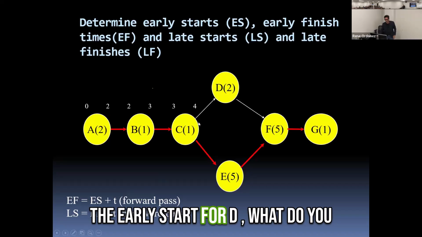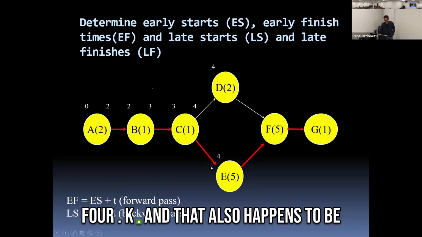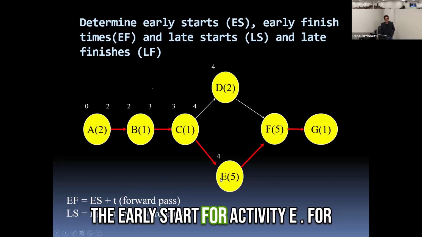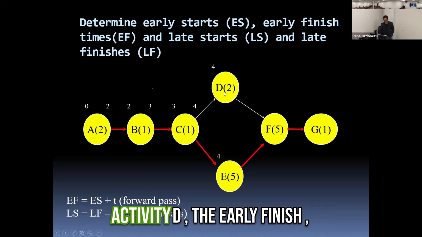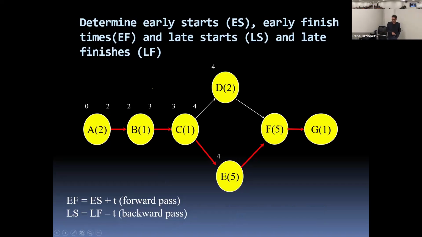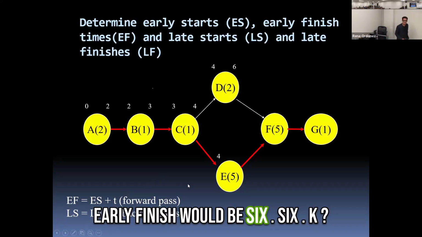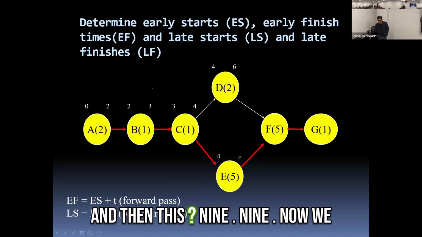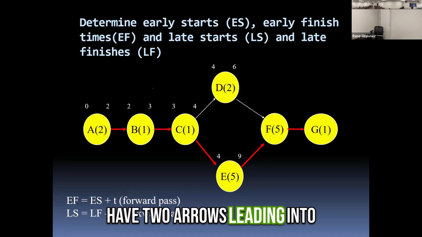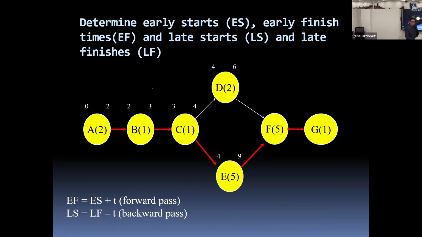The early start for D, what do you think the early start will be? 4. Okay, and that also happens to be the early start for activity E. For activity D, if you started it right away in the 4th time period, your early finish would be 6. And then this, 9. Now, we have 2 arrows leading into activity F. You have 2 numbers, 6 and 9.